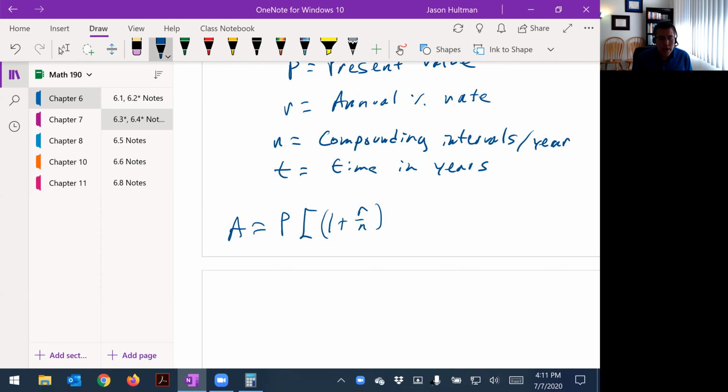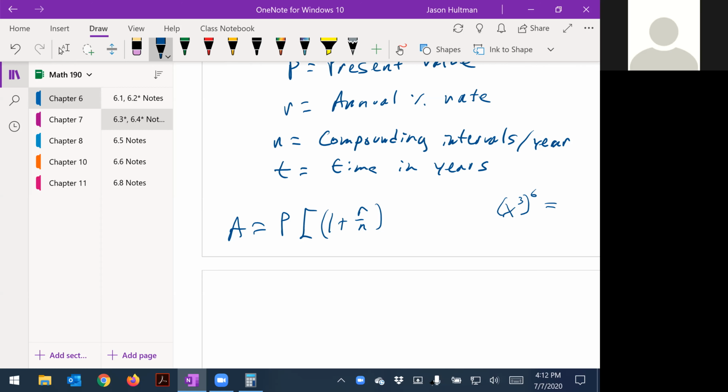But what happens when I raise a power to a power? What do I do with the exponents? What's the rule when we raise a power to a power? x to the 3 to the 6. What am I going to do? Multiply? Multiply.